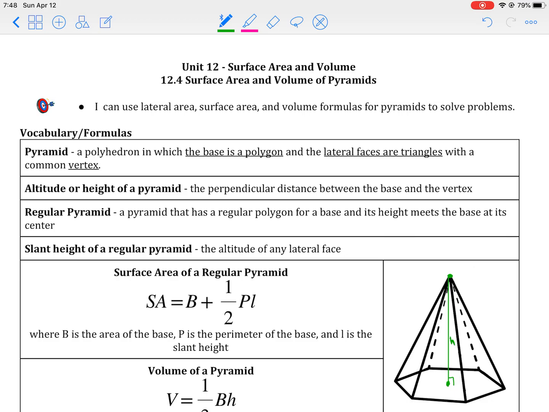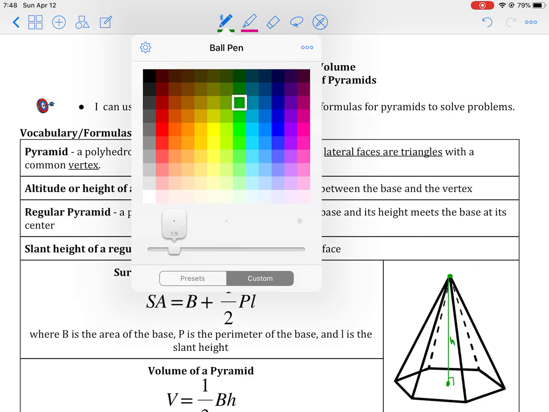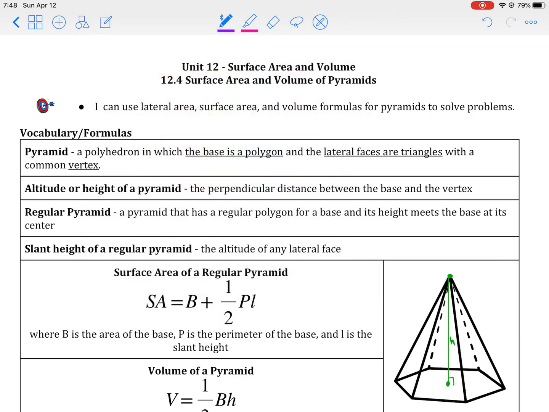Whenever we're talking about slant height, we mentioned it with our prisms, but we didn't really use it. In pyramids, we have to use it. The slant height of a pyramid is the height where it goes from that vertex and goes down the face of the shape and then is perpendicular to that edge at the bottom.